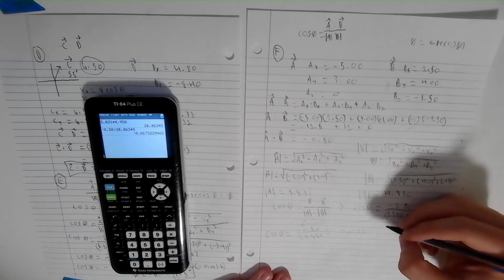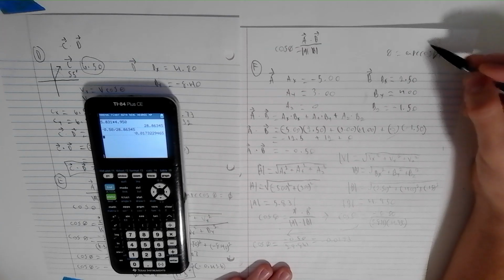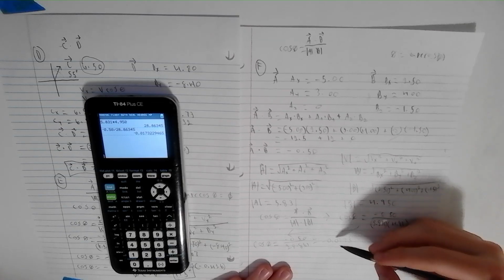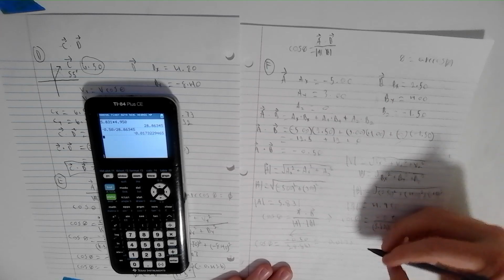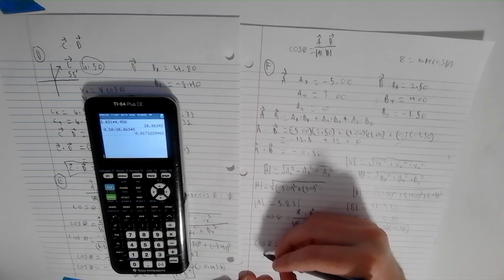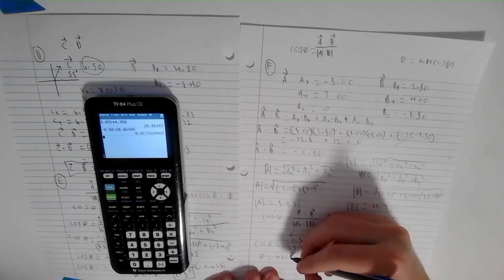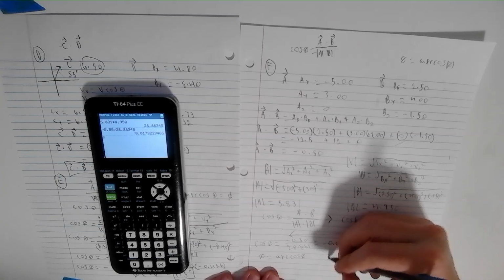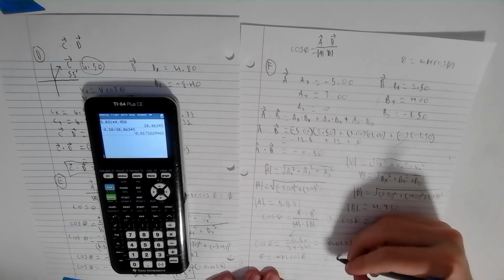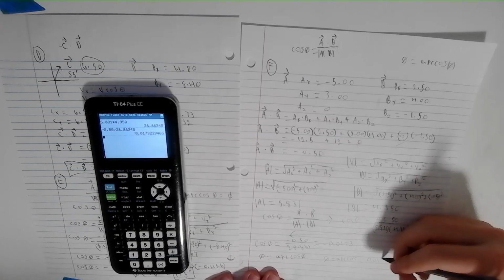All right, and then we plug that into angle equals arc cosine of theta, and the theta is the number we just got. So angle equals arc cosine of negative 0.0173.